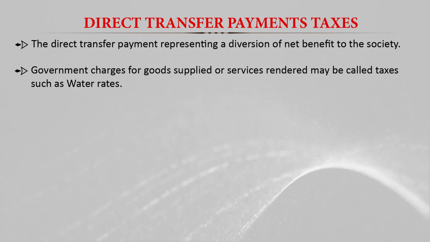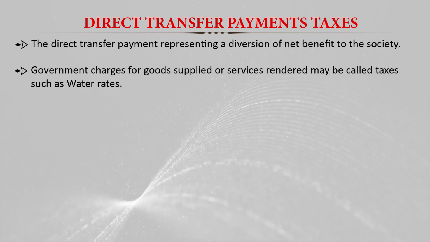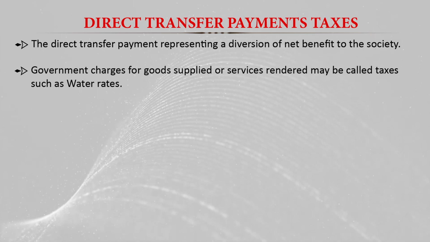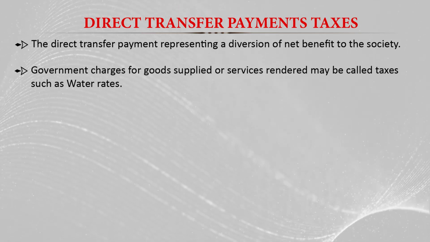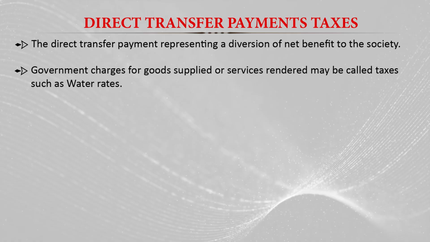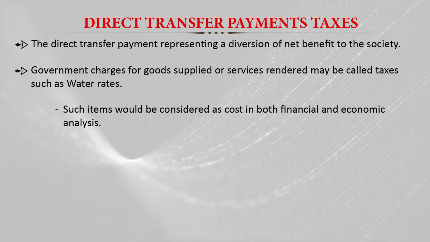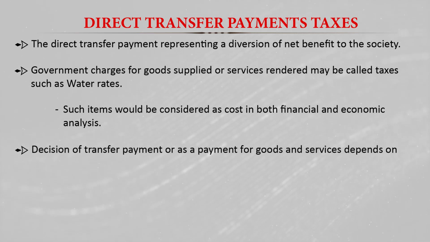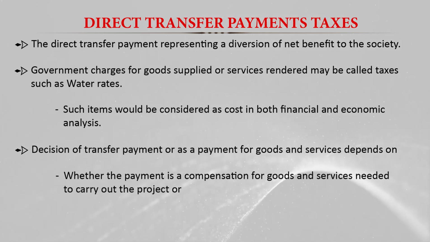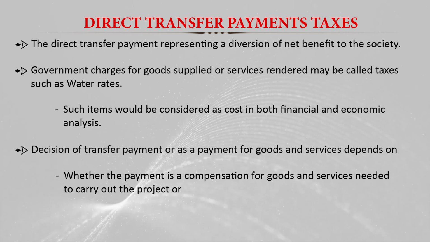Charges for goods supplied or services rendered may be called taxes, such as water rates. If there is an irrigation dam and the government is charging some money from the farmers, that charge should be considered a payment for a service, a cost to him. Such an item would be considered a cost in both financial and economic analysis. The decision between a transfer payment and a payment for goods and services depends on whether the payment is compensation for the goods or services needed to carry out the project.